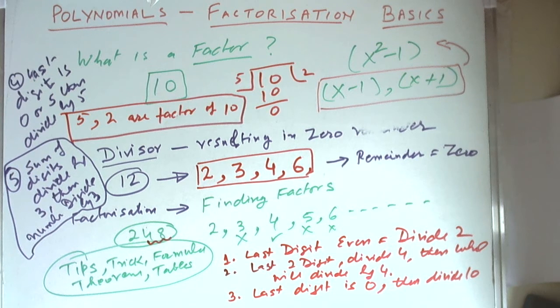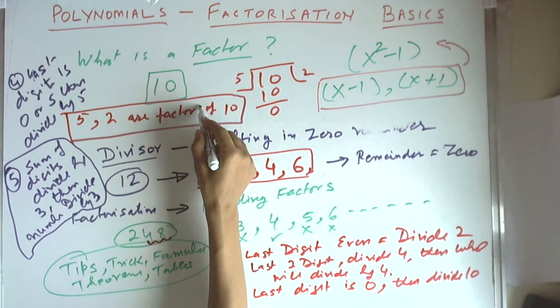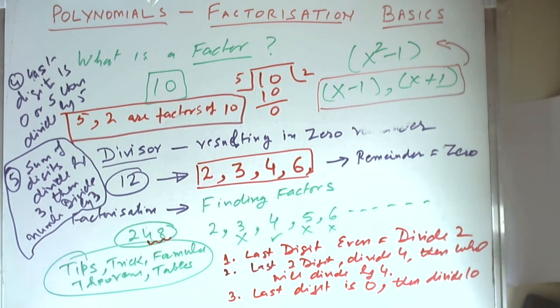So let us sum up what we have learned. We have learned what a factor is and what factors are, and we have taken a numerical example like 10, and we know that for 10, 5 as well as 2 are factors of 10. We also learned that factorization by definition means finding factors, and the factors are where the divisor results in 0 remainder.